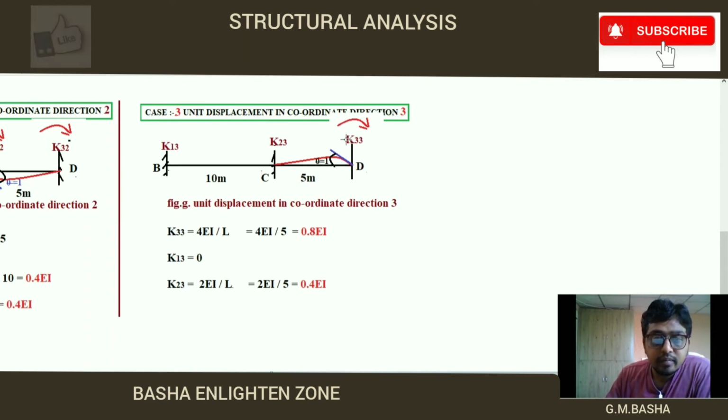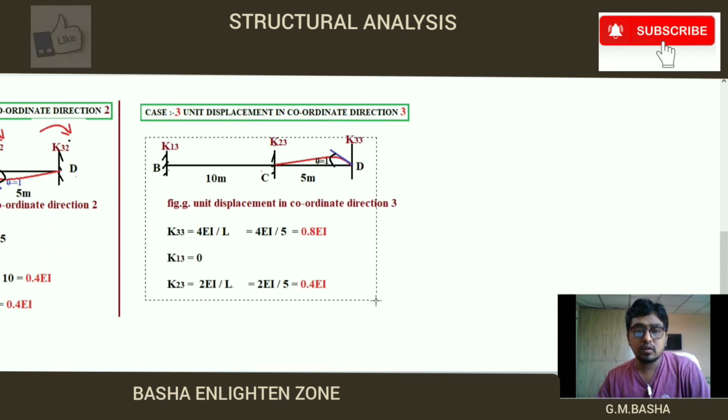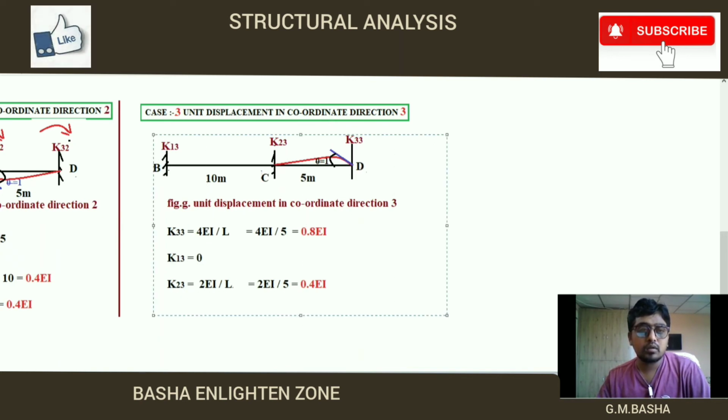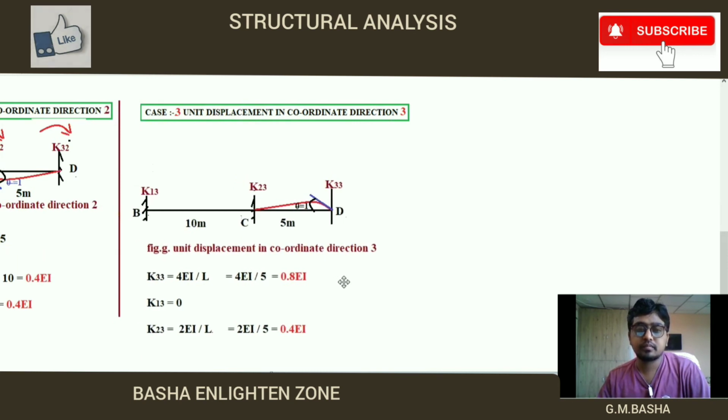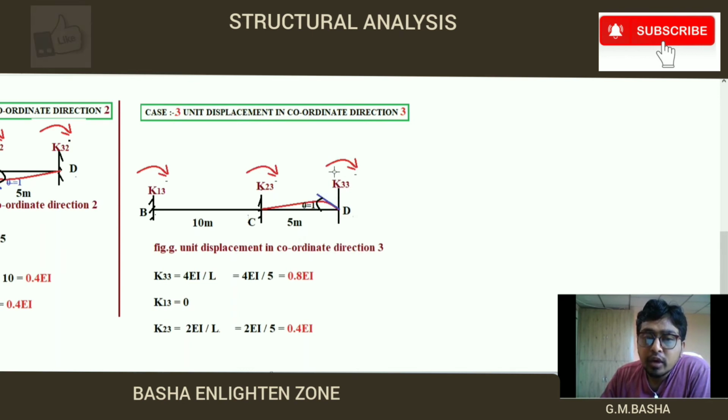So we are maintaining fixity both at B and C, releasing the structure at D and applying a unit moment at D. So what happened? Based on that unit moment, you will get rotational displacement like this.